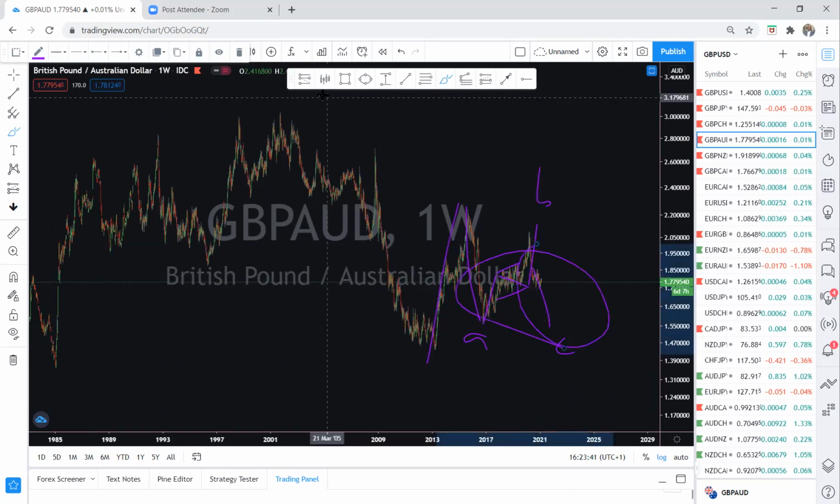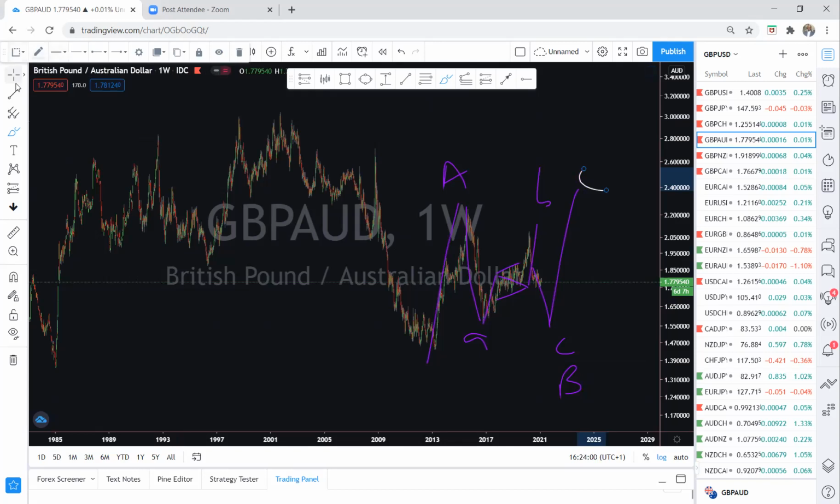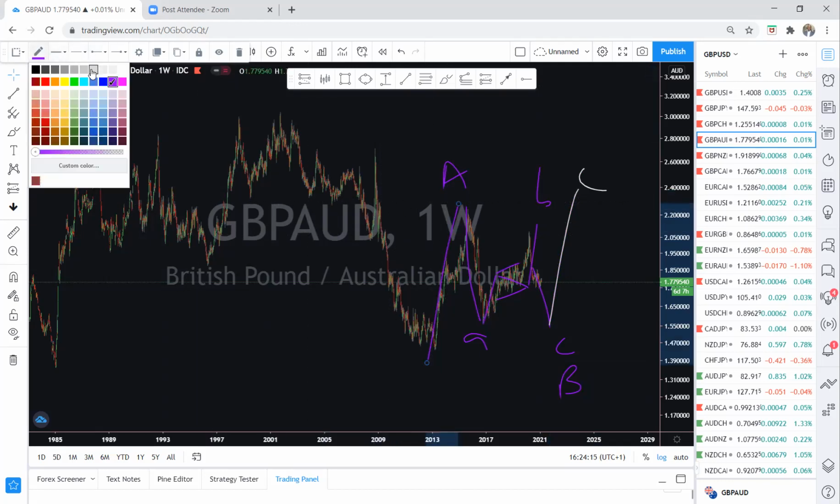Once this C is completed, then we will have this as A here, with B, and then we must have C. Remember this C, let's make it in white. This is A, let's make it in white.